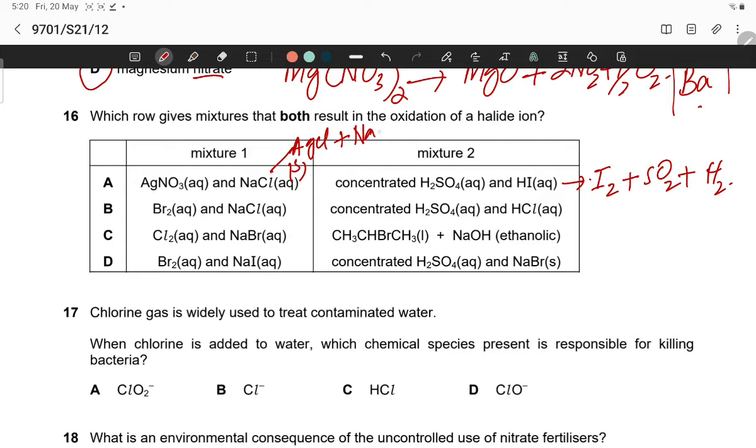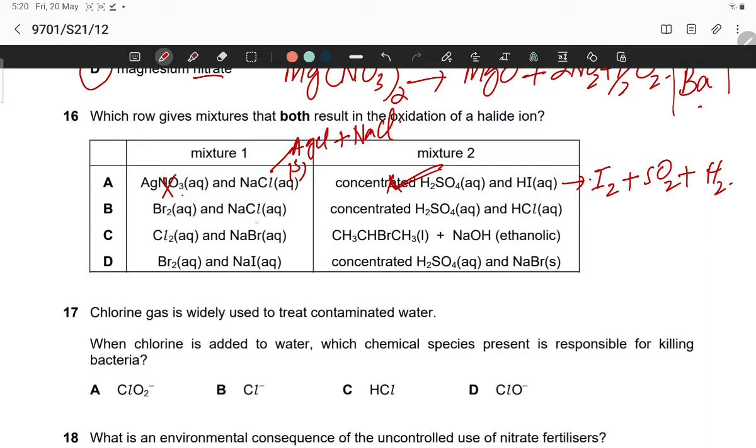This is ionic precipitation. This is not a redox reaction. So this is incorrect. Bromine, this is correct because it is oxidation of halide ions. Iodide ion is oxidized. So this is incorrect, but this option is correct.